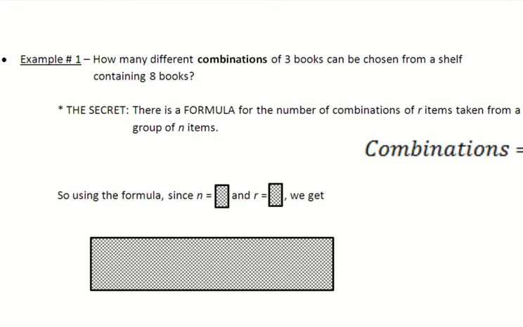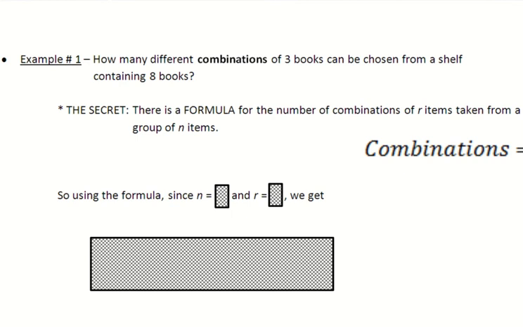So a couple examples here. How many different combinations of 3 books can be chosen from a shelf containing 8? Let's say you only had time on vacation to read 3 books, so how many different ways could you pick 3 books out of your 8 books to take with you? I don't think the order matters.